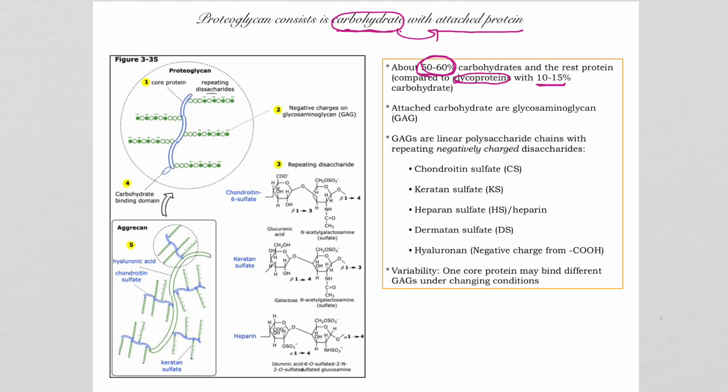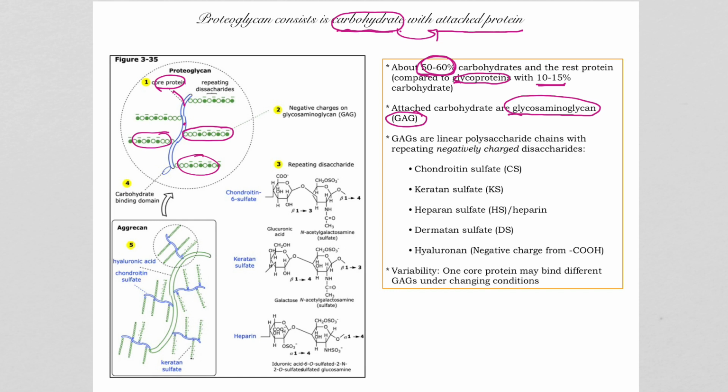So you can see shown in blue here is the protein. And attached to the protein shown in blue are the carbohydrates. These carbohydrates are called glycosaminoglycans, or GAGs, and those carbohydrates are shown here.